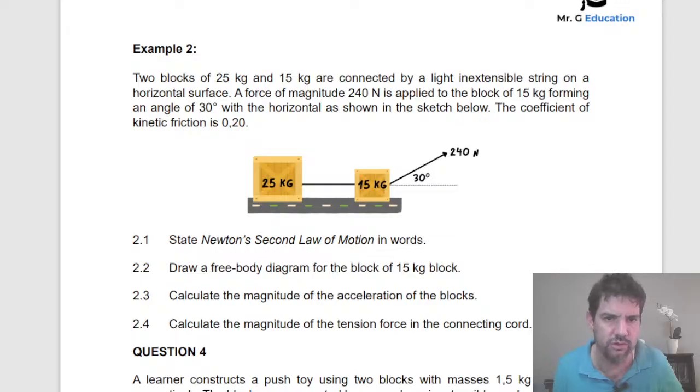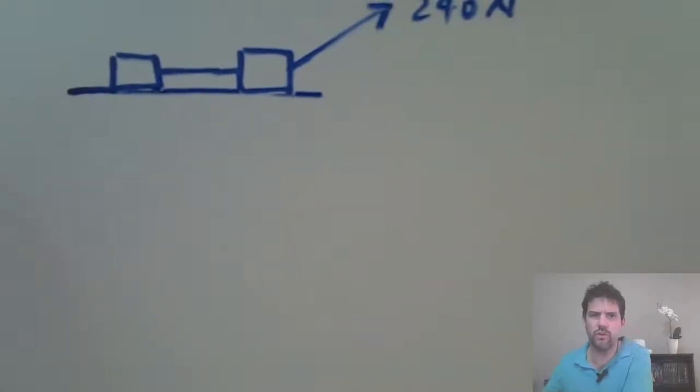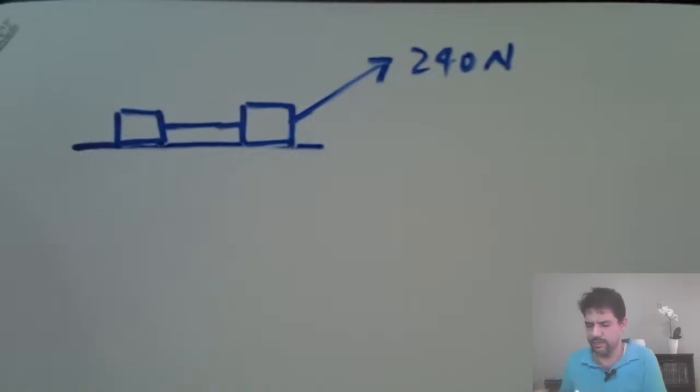2.2, draw a free body diagram for the 15 kilogram block. That is the block that is at the front, and we are going to do that one real fast. So here we have the drawing. The one at the front is the 15 kilogram block.